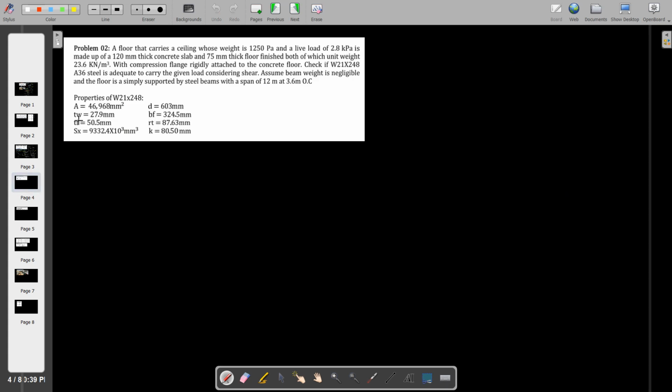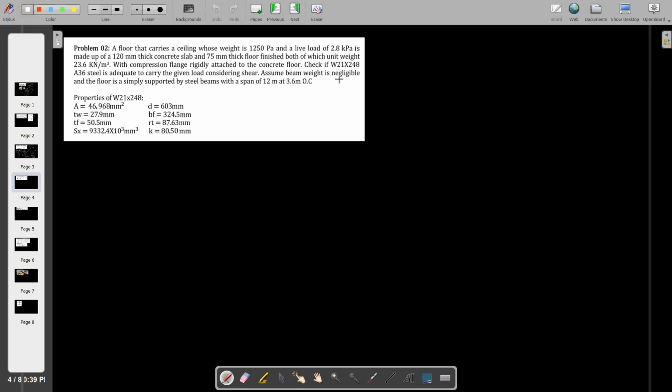So number 2, we have here loadings. First we have ceiling, live load, okay, 120 mm thick concrete, and then 75 mm thick floor finish. So the unit weight is 23.6.